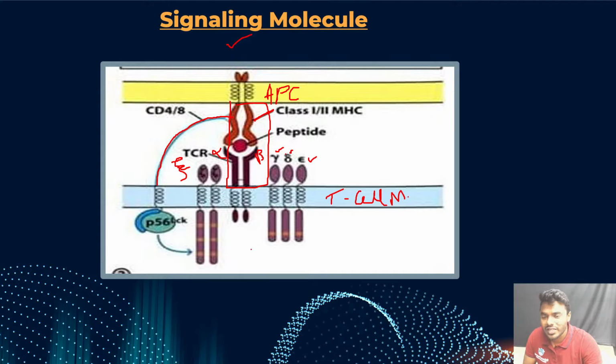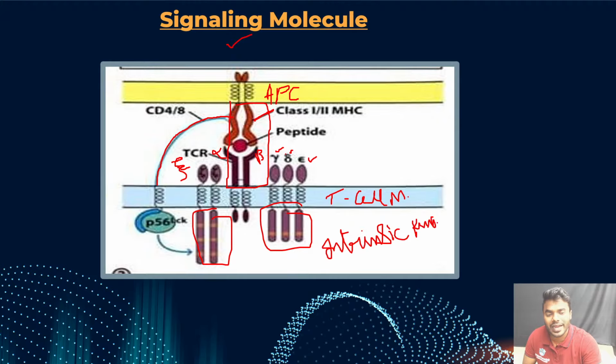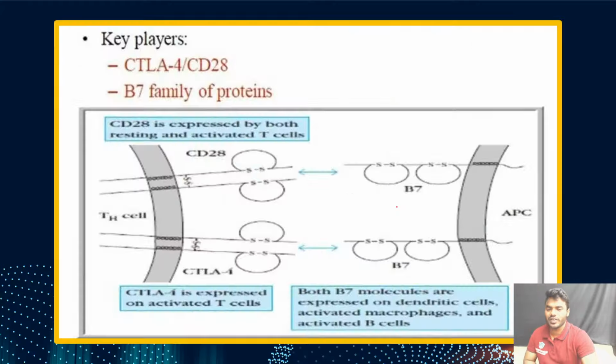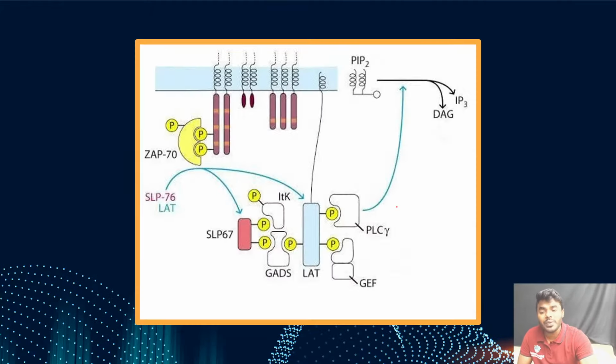When all these co-receptors get activated, you can all see that they have cytosolic domains, with what kind of activity? They have cytosolic domains with intrinsic kinase activity. Kindly do not get confused about that particular point. So what's happening, friends? Ultimately, phosphorylation occurs and there will be activation of different types of kinases.